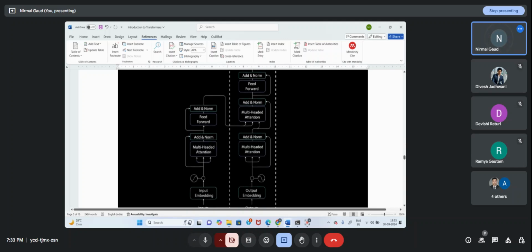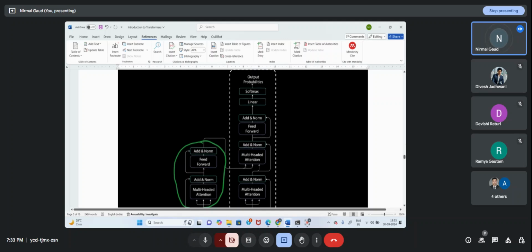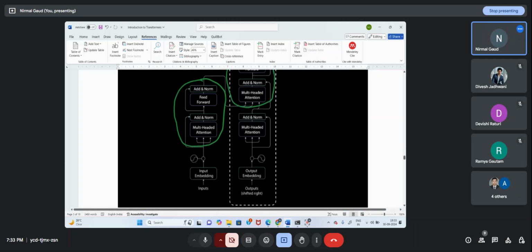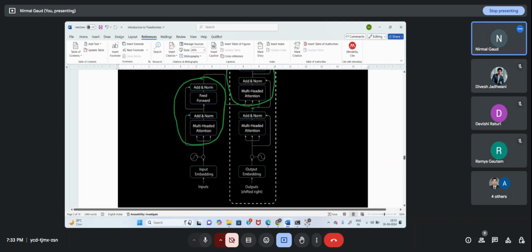So this much part is the encoder: multi-head attention, add and normalization, feed forward, add and normalization. You can see the same thing here also. Oh, one more thing: it has two multi-head attention blocks, as already given.